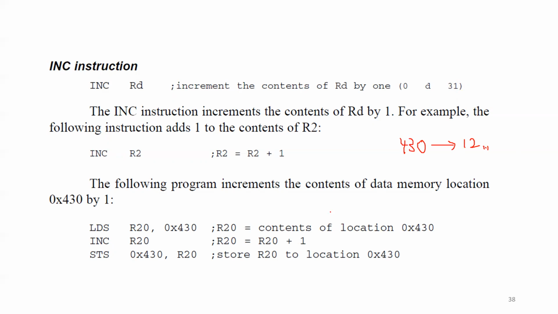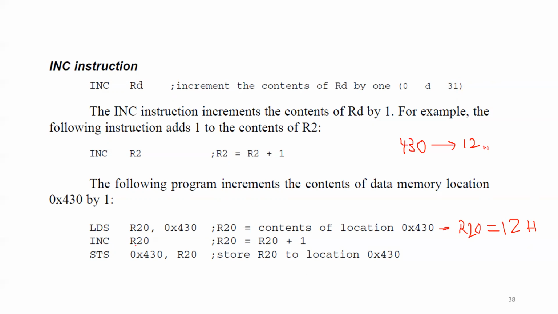So when you execute the first instruction, R20 would have the same data which exists in the memory location 430. So after executing this instruction, the data inside R20 would be 12 hexadecimal.